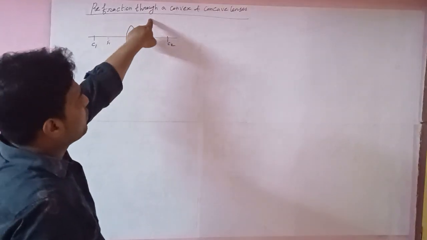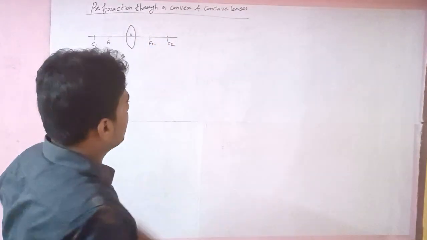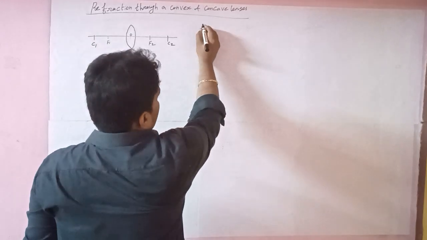Now we will discuss refraction through a convex and concave lens. We have to work out four conditions.